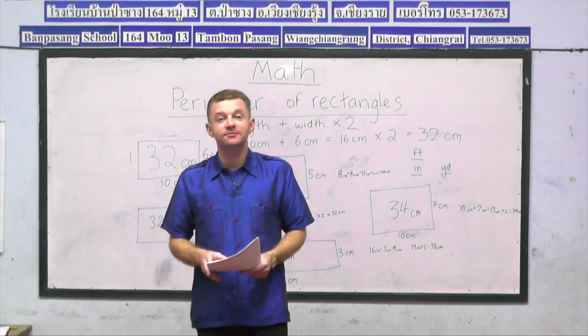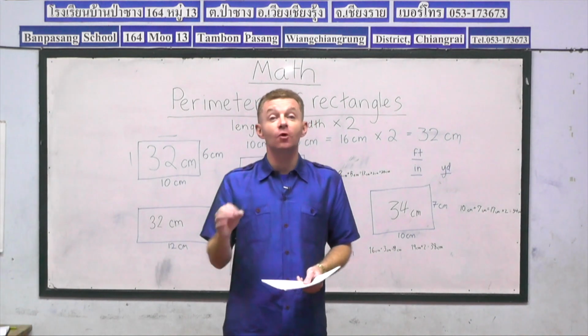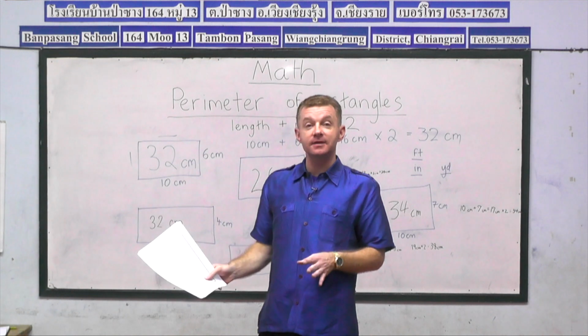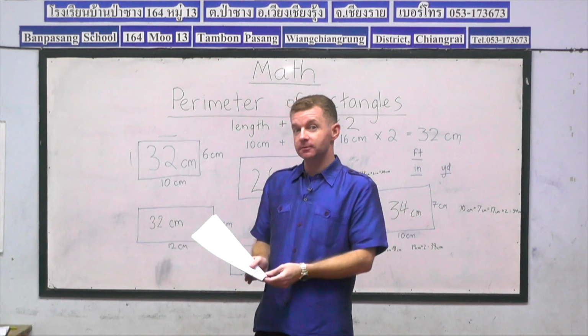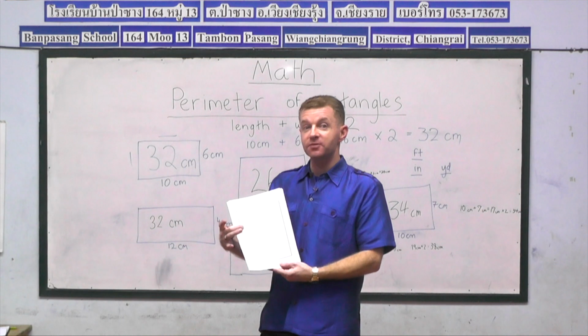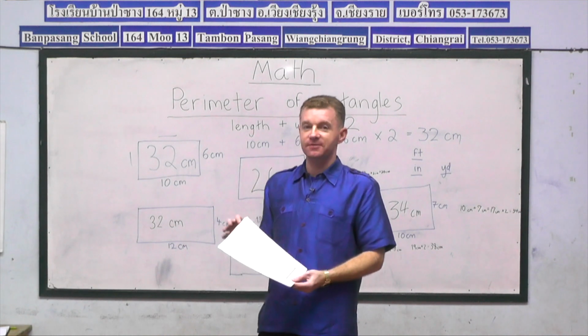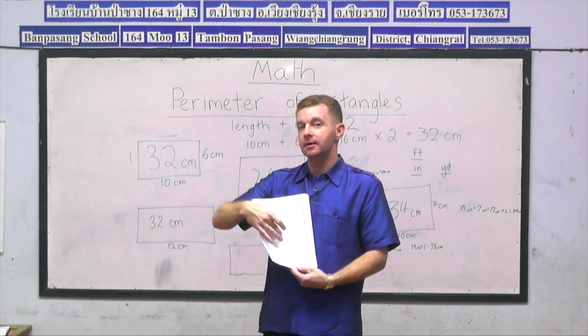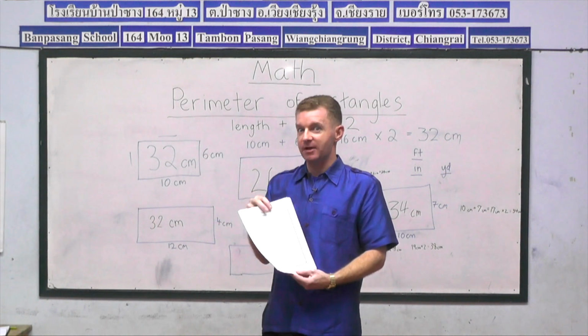Welcome back to class. We hope your students enjoyed the worksheet exercise where they had to demonstrate their understanding of the perimeter of rectangles by looking at the length and width of each one, adding them together and then timesing by 2 to work out the perimeter of each rectangle.